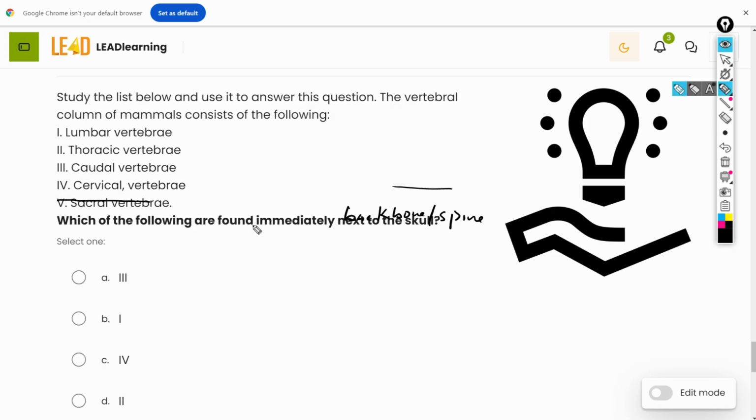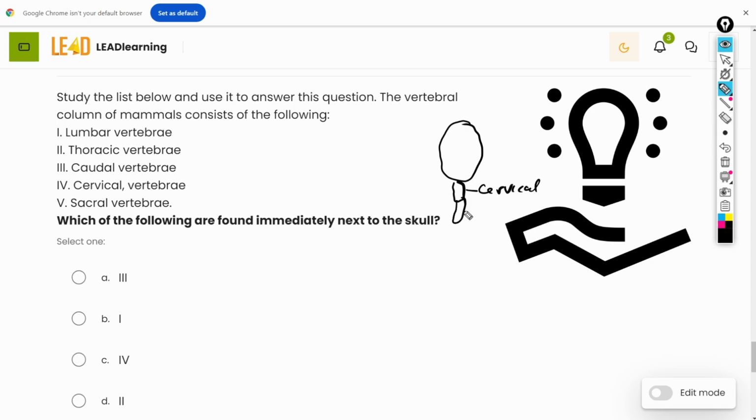The question now says, which of the following are found immediately next to the skull? Immediately next to the skull. Now, let's pretend that the skull sits like this. Now, the first set of vertebral bones are the cervical vertebra.